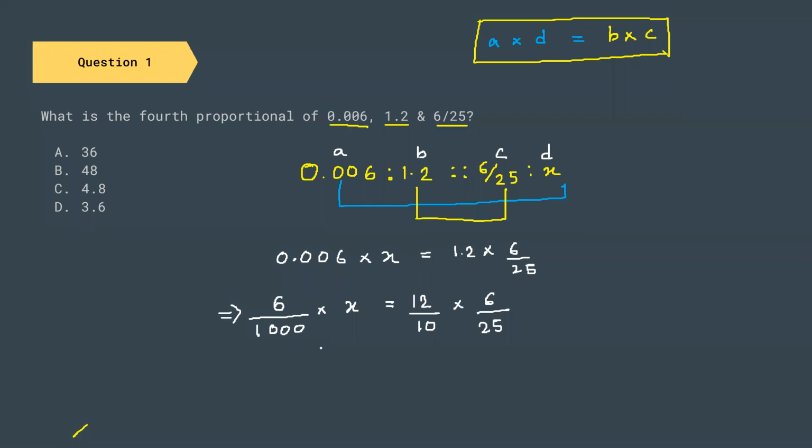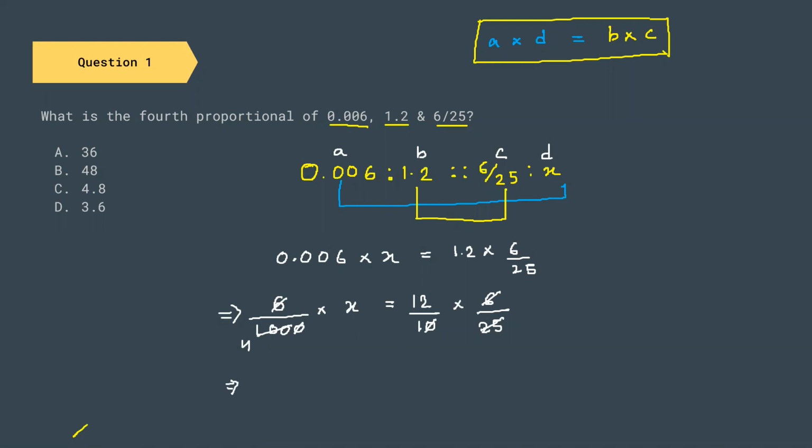Once I have done this, I will eliminate the zeros, and the 6 and 6 will be eliminated, and we are left with 12 and 12. So now this will be 25 and this will be 4. What we are left with is 12 here and this one.